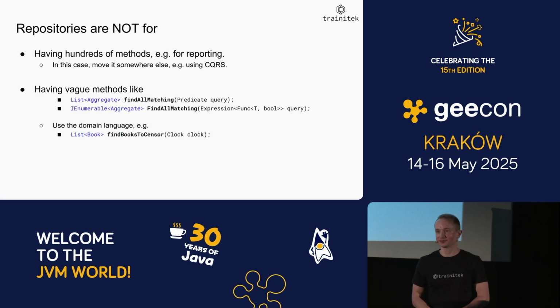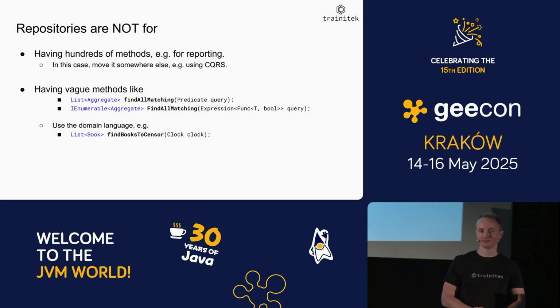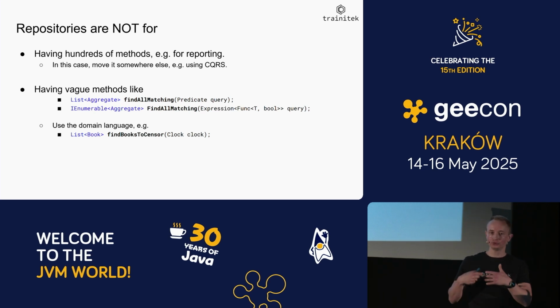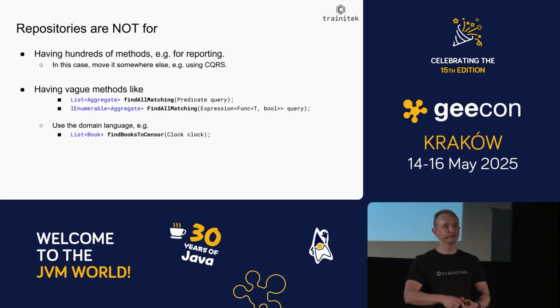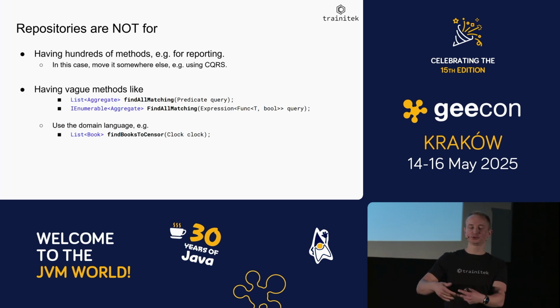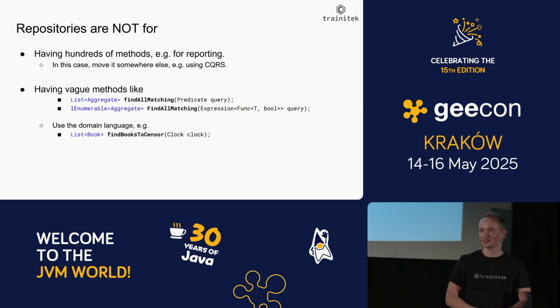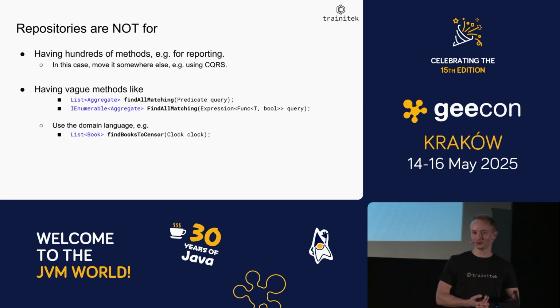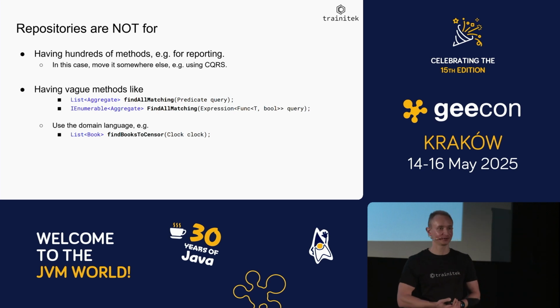One more thing, repositories are not for having vague methods, like find all matching. Because if you have those methods, then you give full control to your client side. All right? And then the client decides, oh, I want to do this, I want to do that. And so what are the consequences? First of all, the implementation can be more complex.